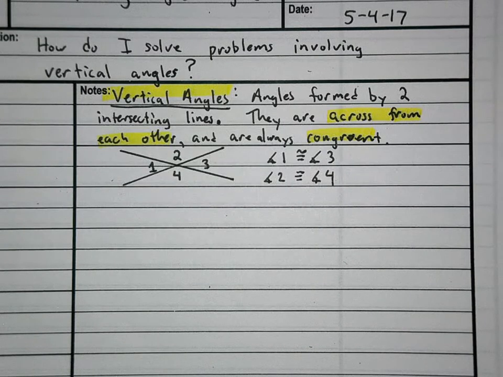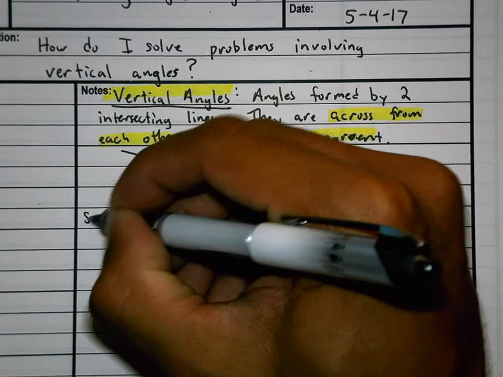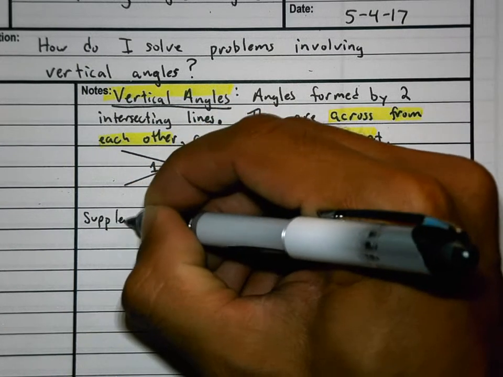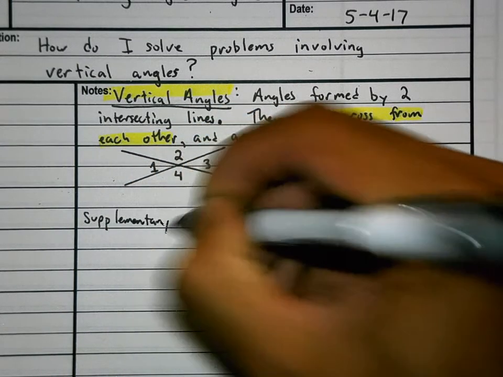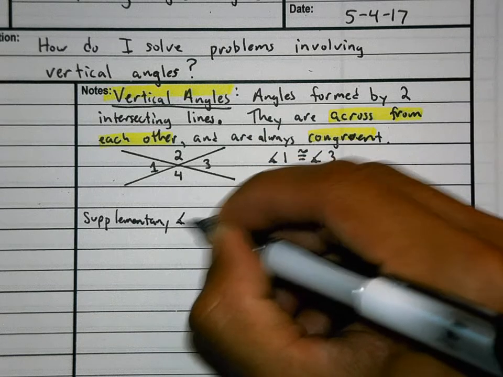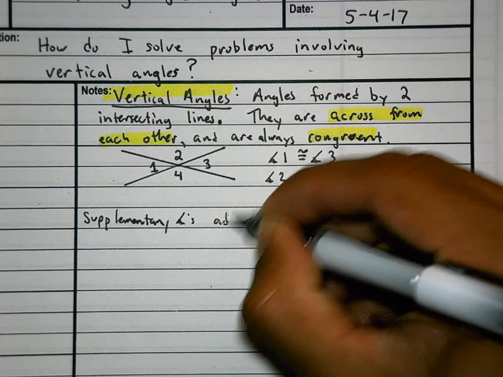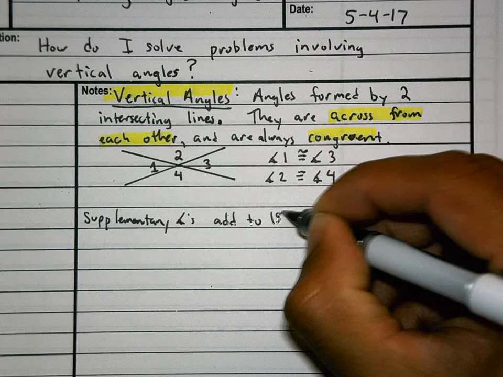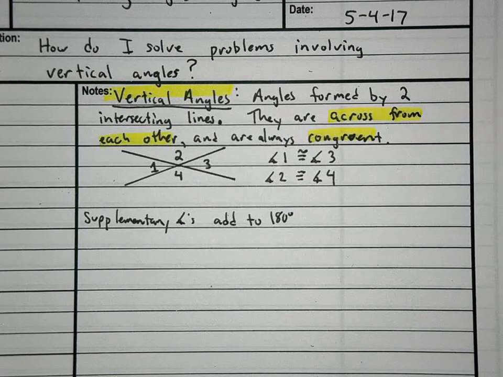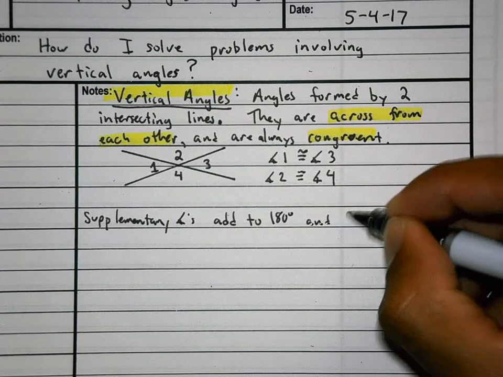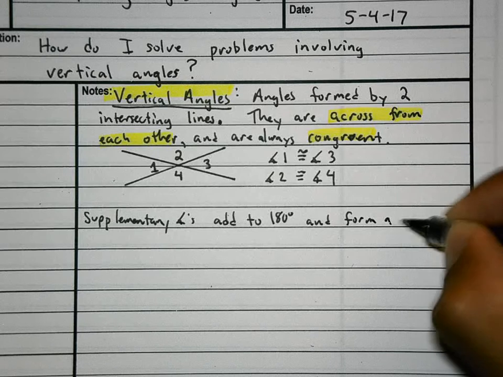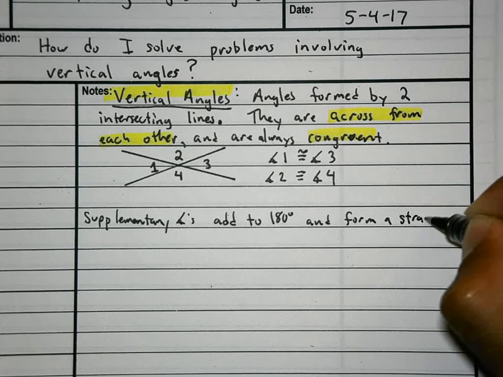The other fact that you're going to have to use with vertical angles is that these adjacent angles are supplementary. And I don't know if you remember that, but I'm also going to put supplementary angles add to 180 degrees and form a straight line.